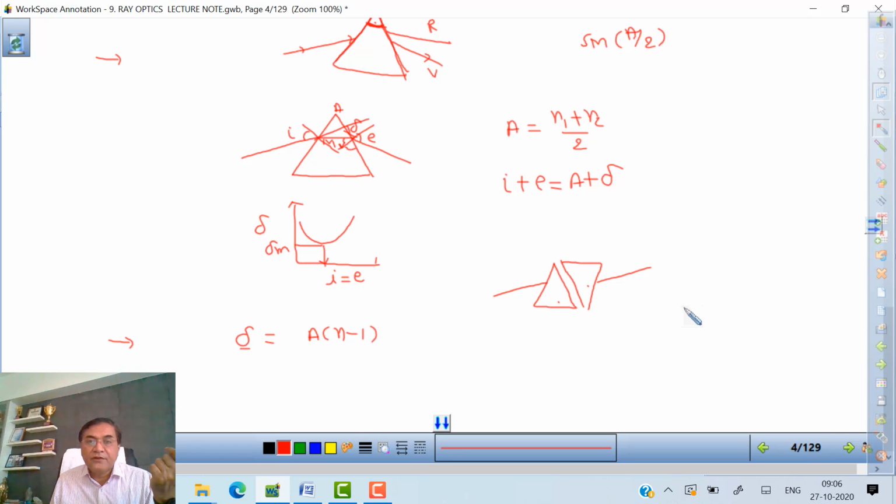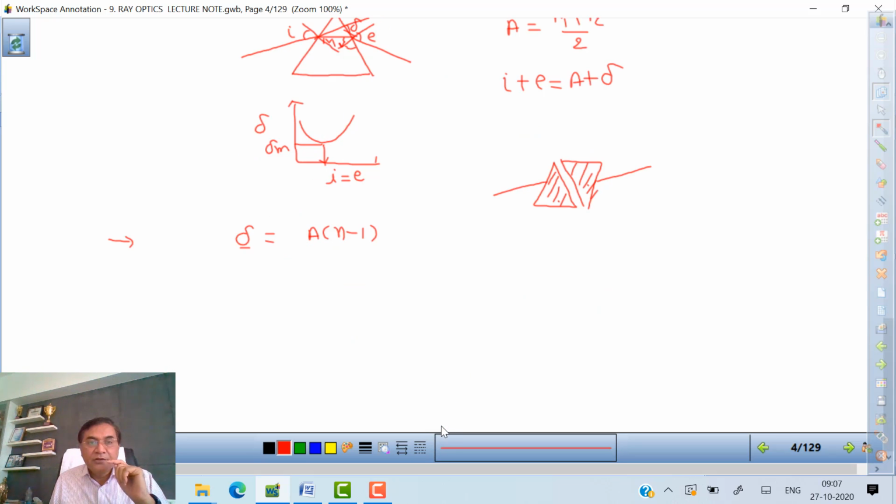Shifting is of course there. But if both are different prisms, you have two different conditions: deviation without dispersion, and dispersion without deviation. We discussed these two conditions.